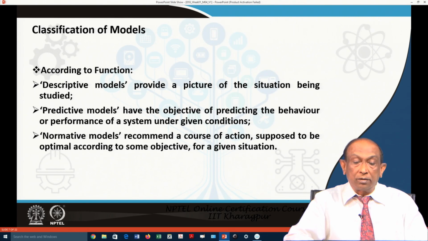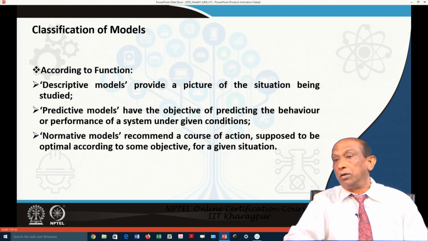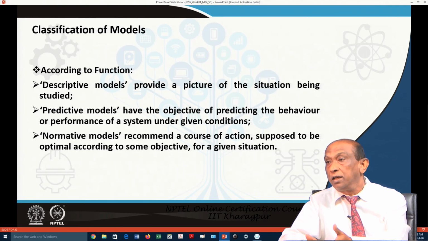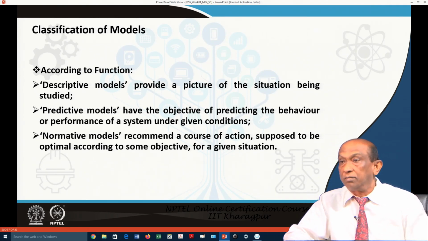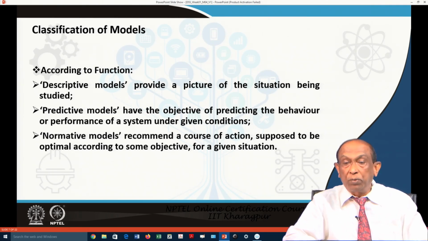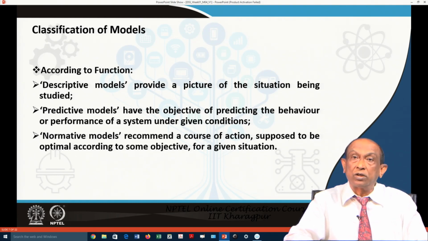Descriptive models provide a picture of the real life situation that we are going to study. They completely describe the different aspects of the real life situation, and hence the name descriptive models.